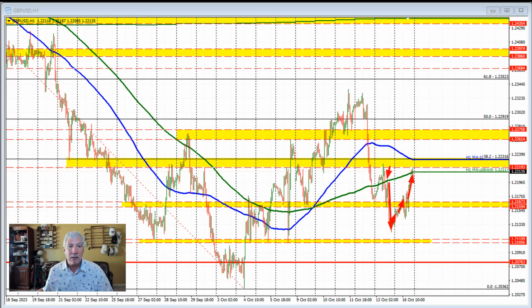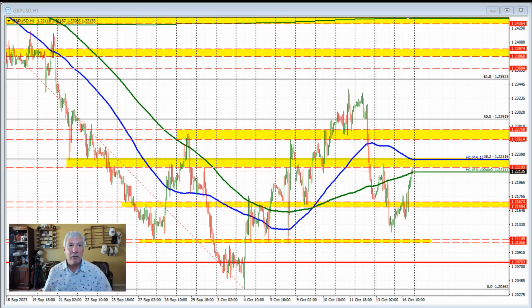Most of the New York session has seen a move to the upside in the sterling versus US dollar after trying to break back below this swing area between 1.2159 and 1.2167 right here and failing, and rotating back to the upside over the last 6 or 7 hours of trading.